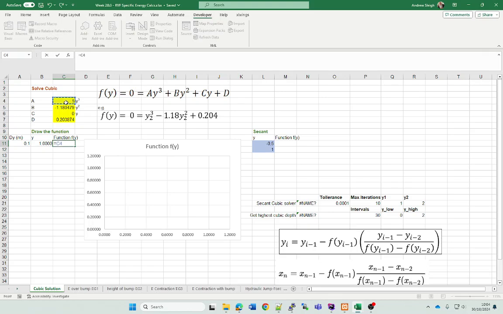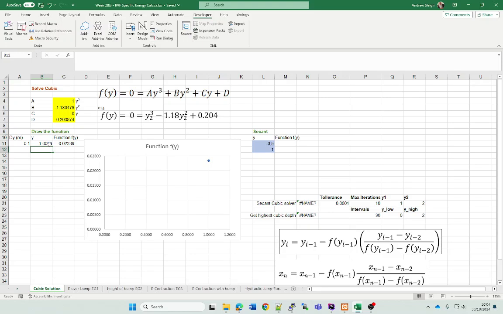E equals A, which we'll fix with the dollars, times y cubed plus B, which we'll fix with the dollars, times y squared plus C fixed with your dollars star y. I mean, it's always going to be 0, so it's not necessary, but we'll leave it in for a full cubic function plus D, which again we'll fix.